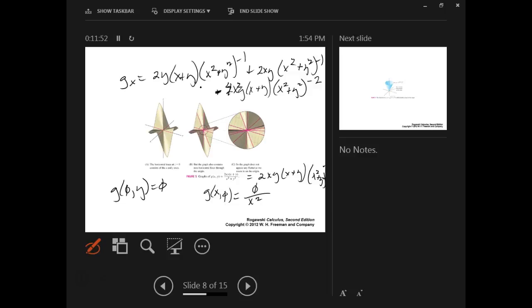Now, does that derivative exist on some open disk D? Well, maybe on some open disk D, but not an open disk D that contains the origin.